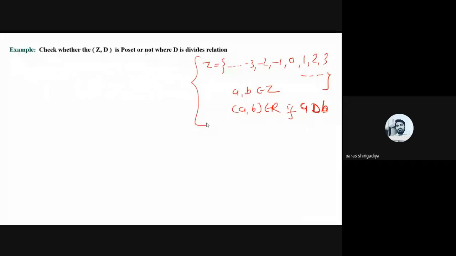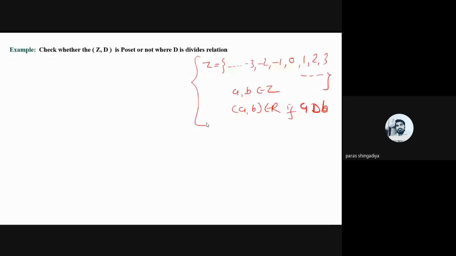Hazel, Nikhil, Fanil, can we prove this relation is reflexive or not? Yes. There is no reply from anyone.